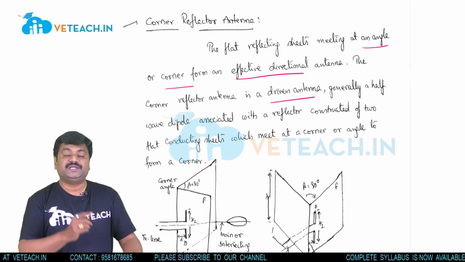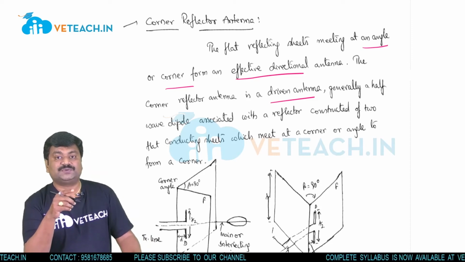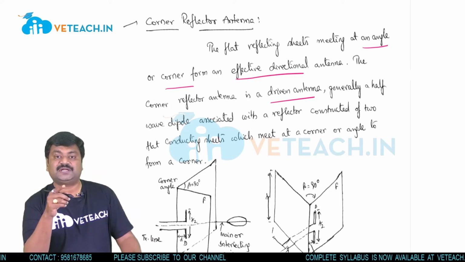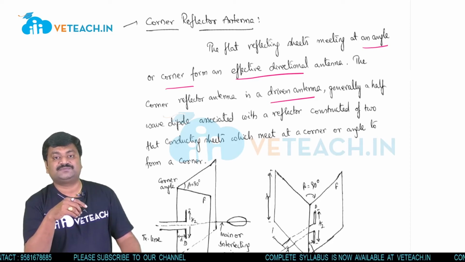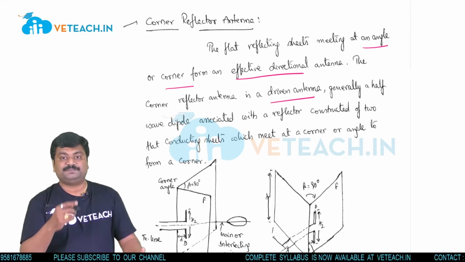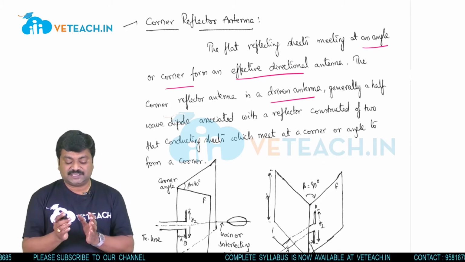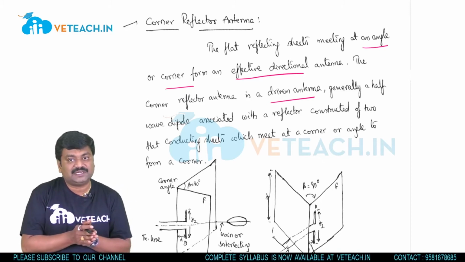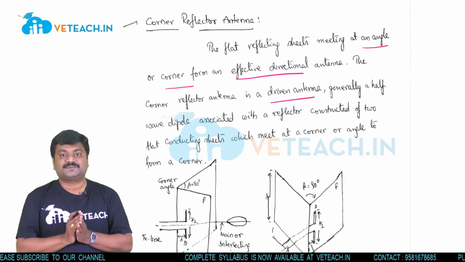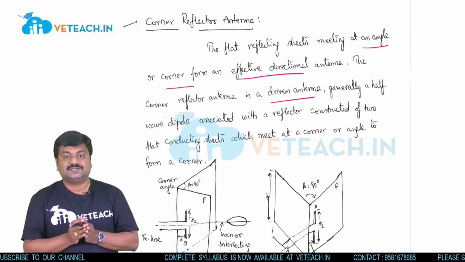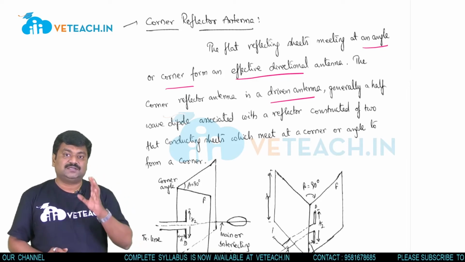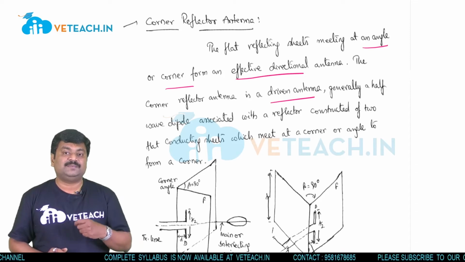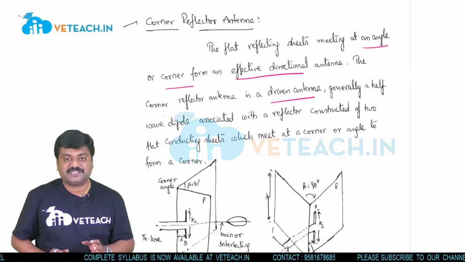Remember, we said that in the reflector concept as well as in the director concept, the parasitic elements will be considered. The parasitic elements will be acting as reflectors as well as directors. So here, when I use a flat sheet parasitic element, I will be calling it a reflector element itself.